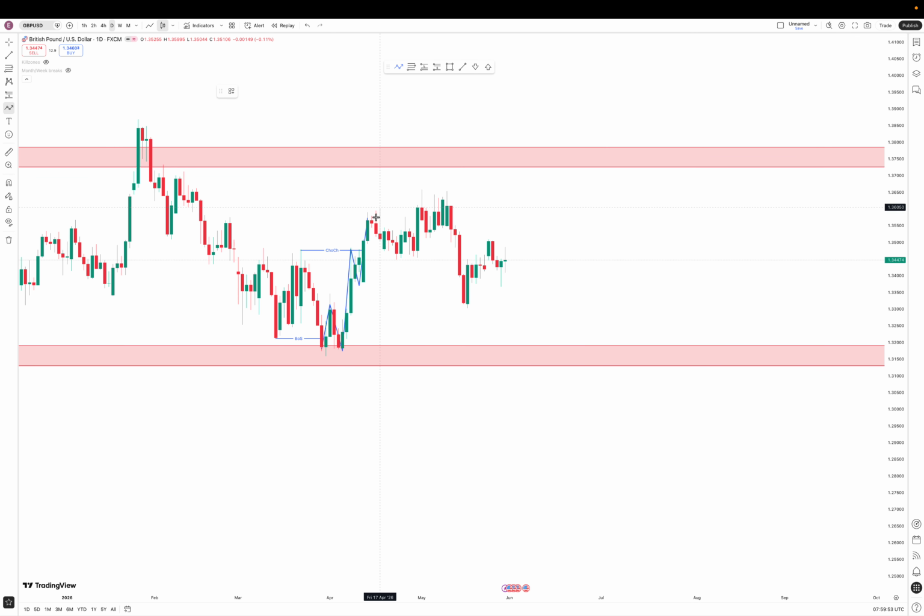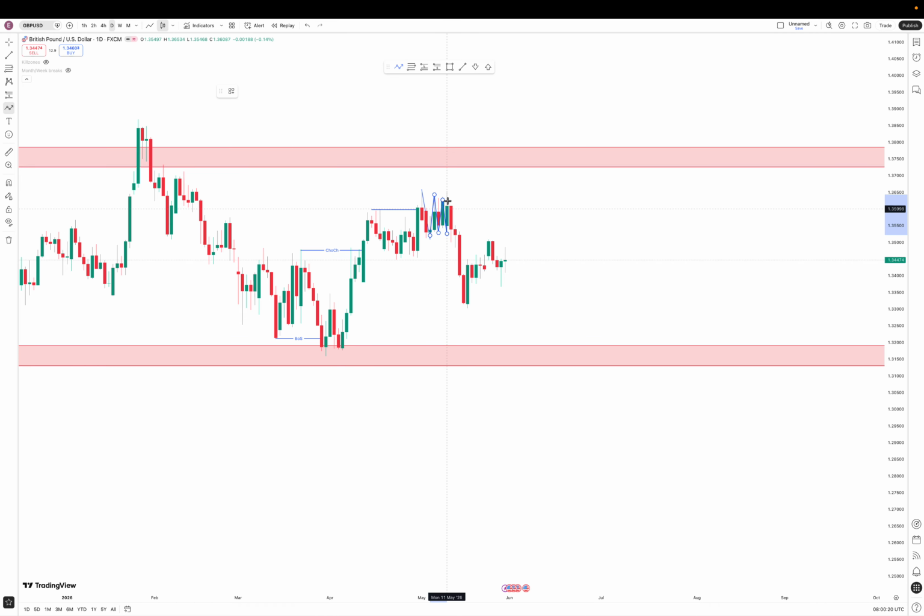Now what can we see? We saw a retracement after the push. Then we got a new break of structure to the upside. This was a new break of structure. And since then, the market has just been ranging on the daily time frame here.